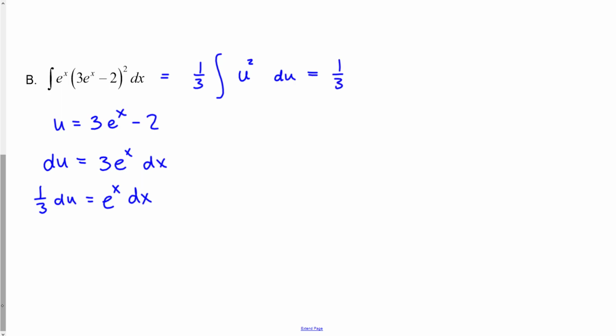So 1/3, if I increase my exponent by 1 to integrate u squared, that becomes u cubed divided by 3 plus c, or 1/9. The variable u is going to be 3e to the x minus 2, and that's going to go to the third power, then plus c.